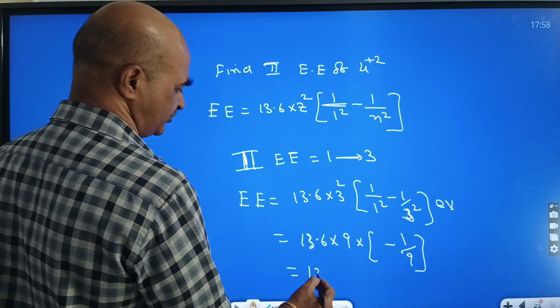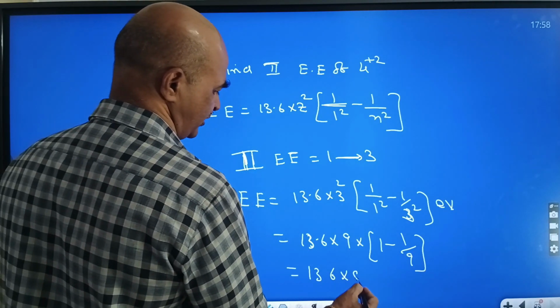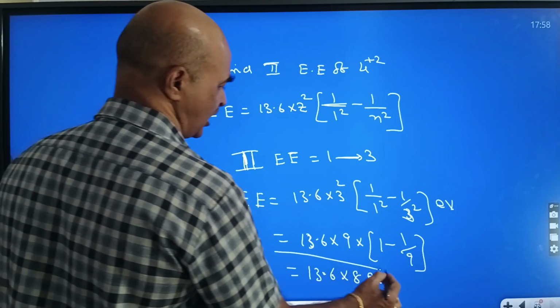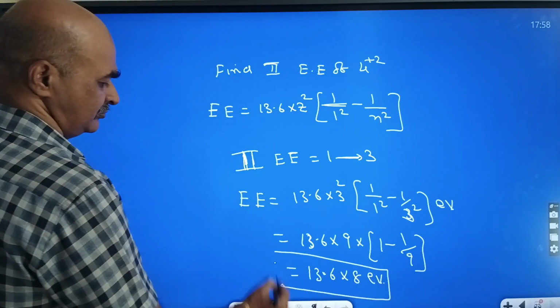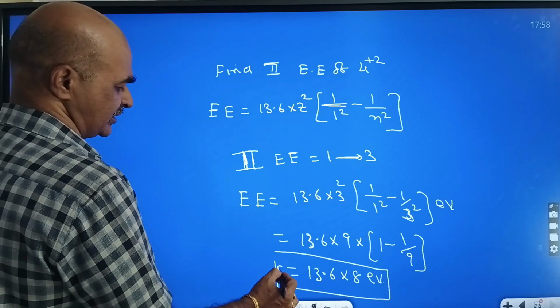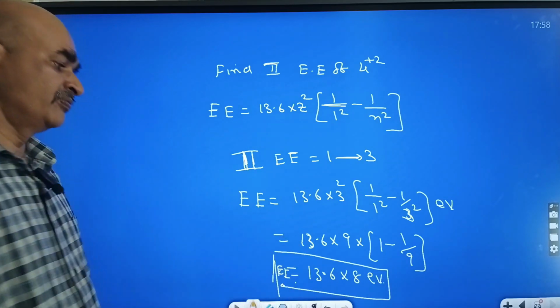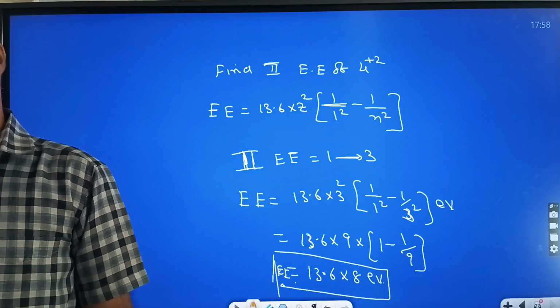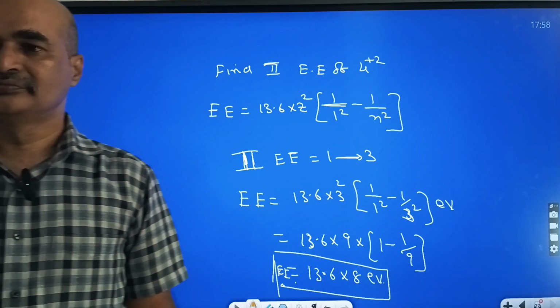That is equal to 13.6 into 8 electron volts. Okay, this is the answer. Excitation energy is 13.6 into 8 electron volts. Okay, you understand?